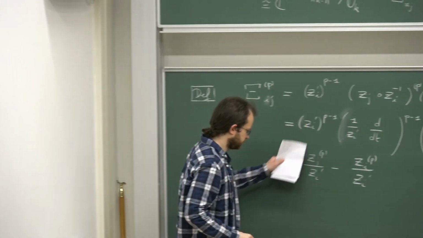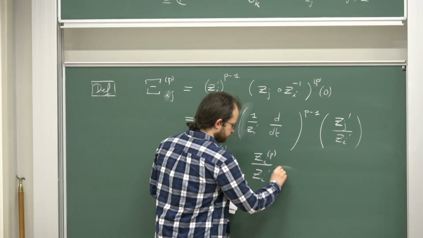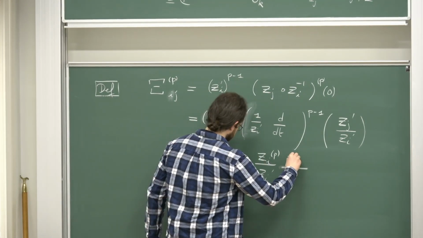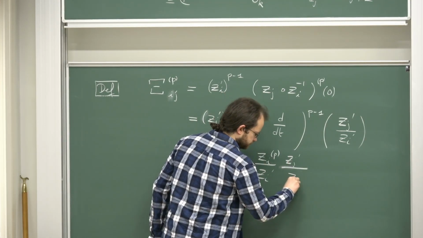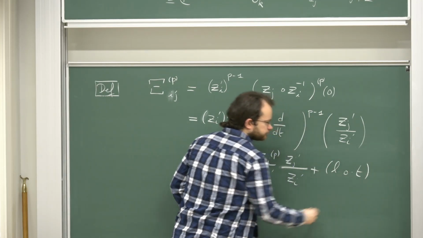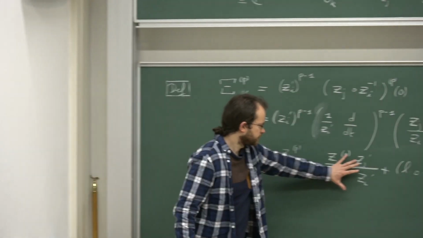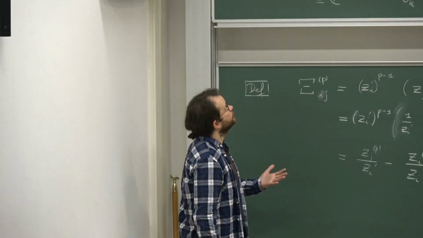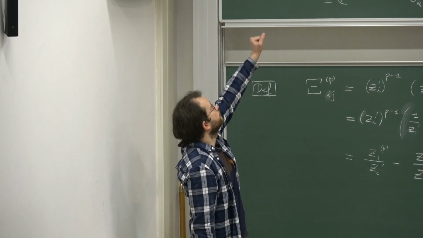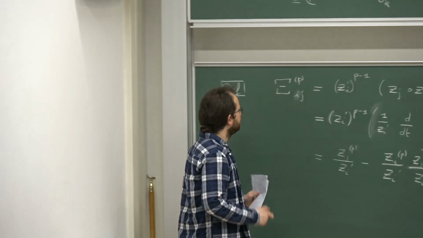So zj derivative p times divided by zi prime, and then you have the counter term plus some lower order terms. And here you see that these terms actually belong to the ring of coordinates in BKX, the ones that I introduced yesterday.